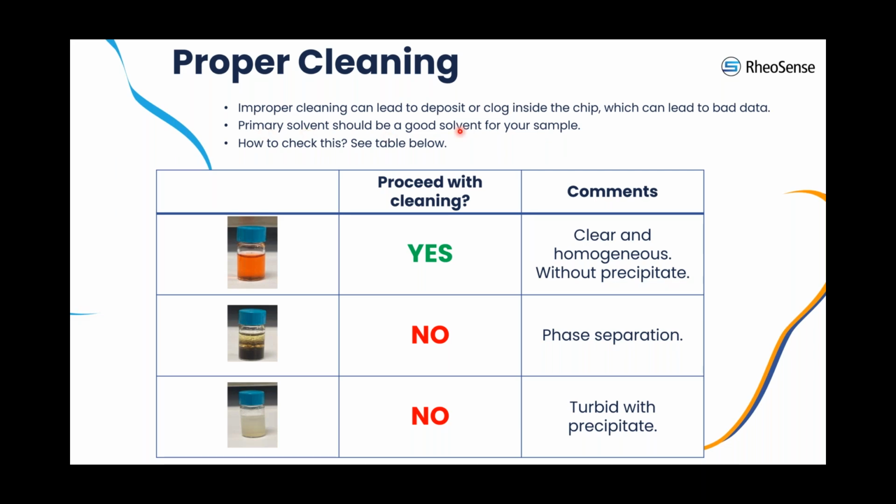To test compatibility, you can do a simple test on a dummy chip or in a glass vial. After adding the solvent to your sample, the solution should be clear and homogeneous without any precipitation. If the solvent causes phase separation or results in a turbid solution with precipitates, it's not a good solvent for your sample and you shouldn't proceed with cleaning.